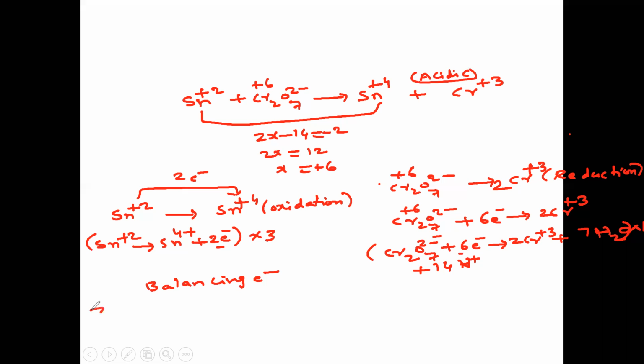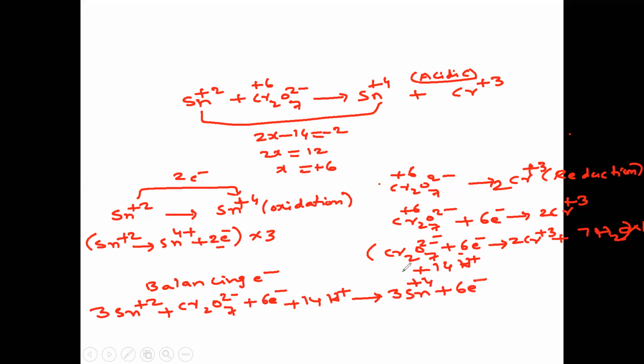So 3Sn +2 plus, adding on the reactant side, Cr2O7 2- plus 6 electrons plus 14H+ gives rise to 3Sn +4 plus 6 electrons, because 2 times 3 is 6, plus 2 Cr +3 on the products side plus 7H2O. Now this is the entire equation.